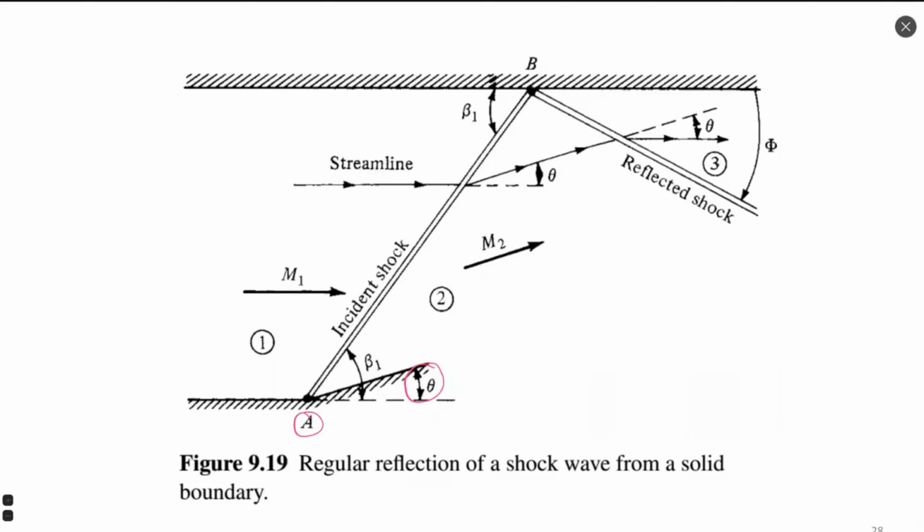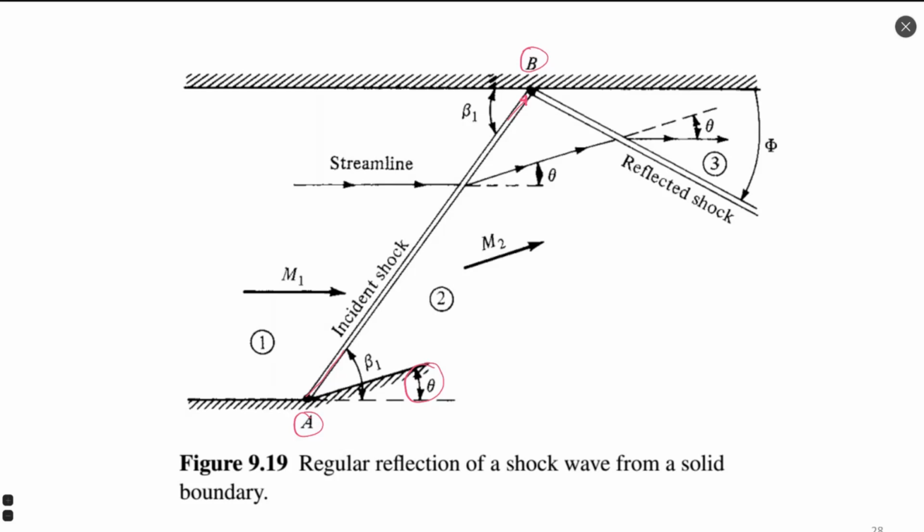This oblique shock wave reaches another body at point B, and at point B it reflects from the body.